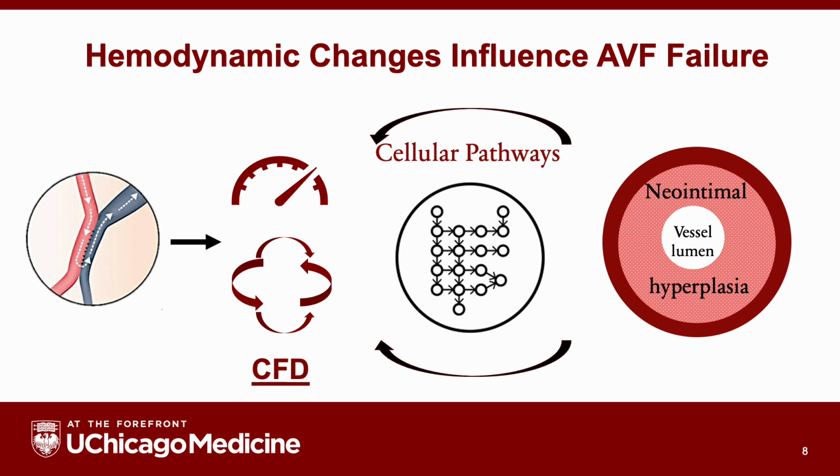We propose to build a validated CFD model of AVF and link with cellular responses to gain mechanistic insights into how neointimal hyperplasia is formed and how it is linked to the spatial gradient of flow dynamics in the vein.